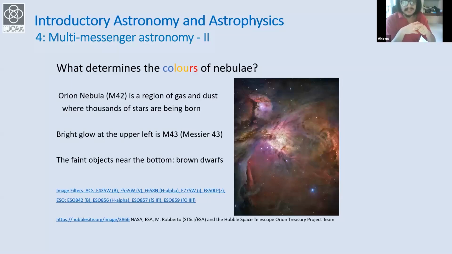A lot of the times, to get pretty pictures, or just to get all that information into one picture, they'll color, let's say, the X-ray light blue, and the radio waves pink, and the optical light green, so you can get all that information in one picture. Akirno, that is correct.